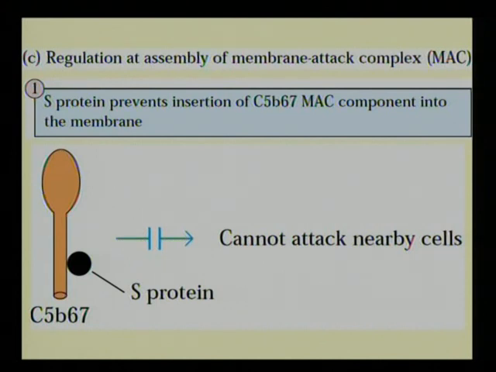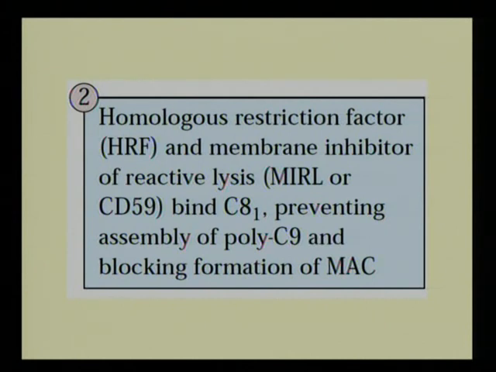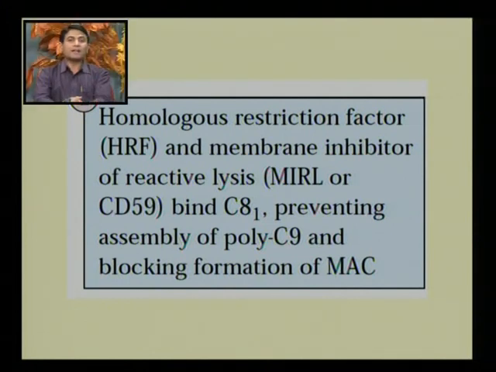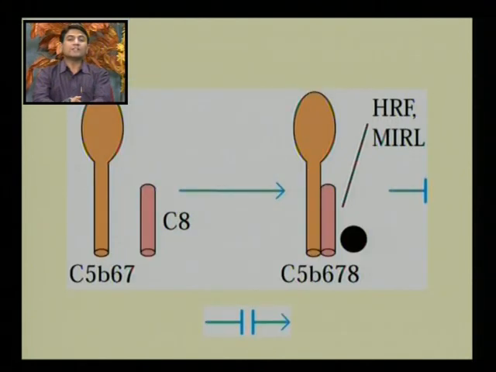Another protein found is known as S protein, that prevents insertion of the C5b67 membrane attack complex into the membrane. If C5b67 is already formed, then S protein binds over there and won't allow C8 and C9 molecules to bind. Homologous restriction factor, HRF, and membrane inhibitor of reactive lysis, that is CD59, binds to C8 and prevents assembly of poly C9.